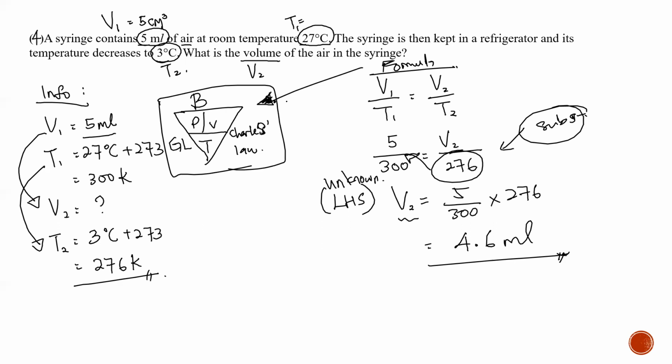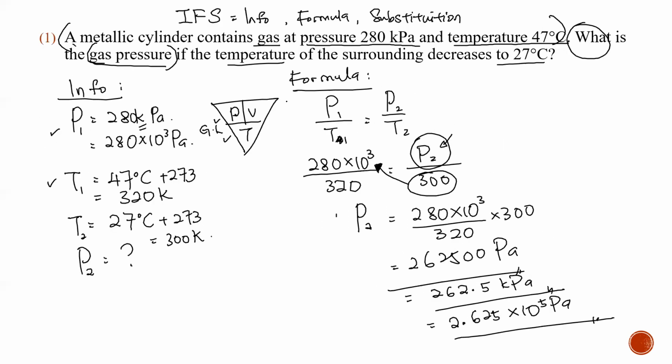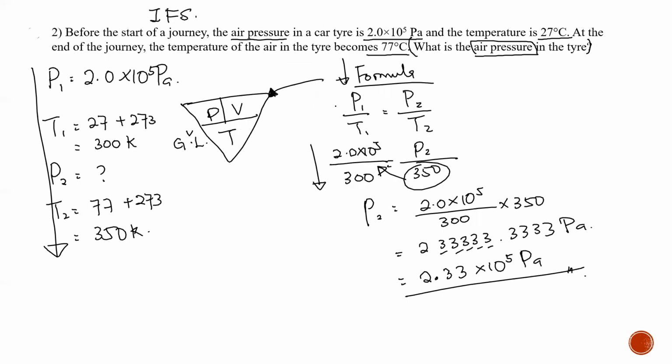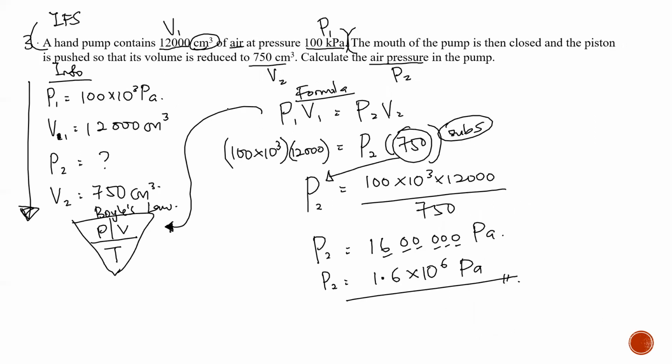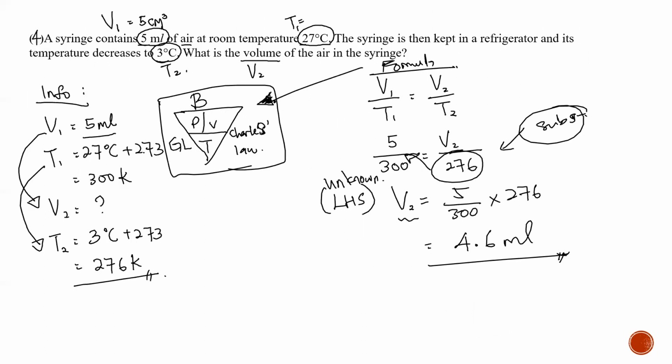That's it. Okay, so 1, 2, 3. Let's look back. Number 1, we learn Gay-Lussac, P over T. Number 2, we also learn Gay-Lussac, P over T. Number 3 is Boyle's law, P times V. Number 4 is Charles' law, V over T. All right.